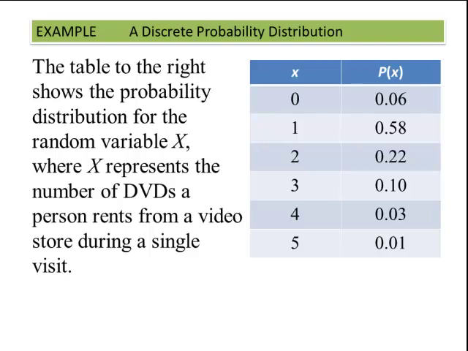The table at the right shows the probability distribution of a random variable x, where x represents the number of DVDs a person rents from the video store during a single visit. So the random variable x ranges between 0 all the way up to 5, and these are the corresponding probabilities for each of the outcomes.